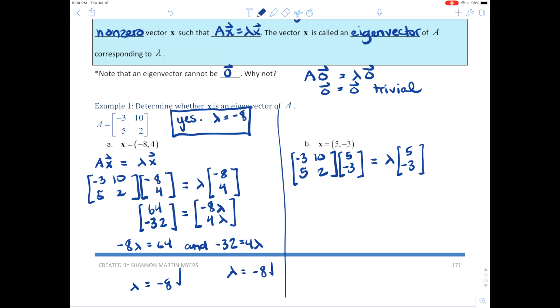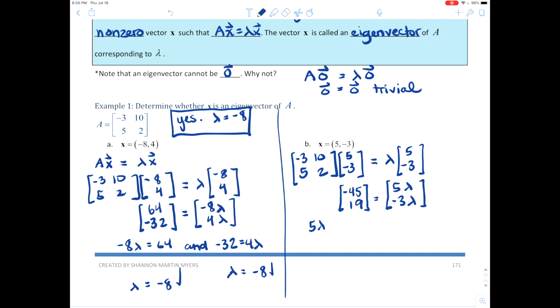So doing the multiplication on the left, we'll have -15 plus -30 would give us -45. And then 25 plus -6 will give us 19. And then on the right side, we'll have 5 lambda and then -3 lambda.